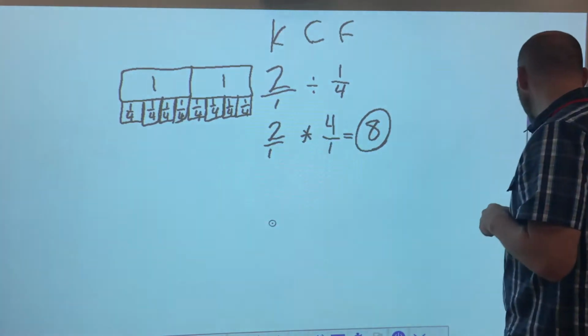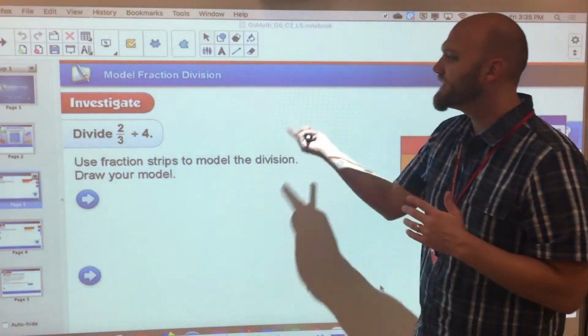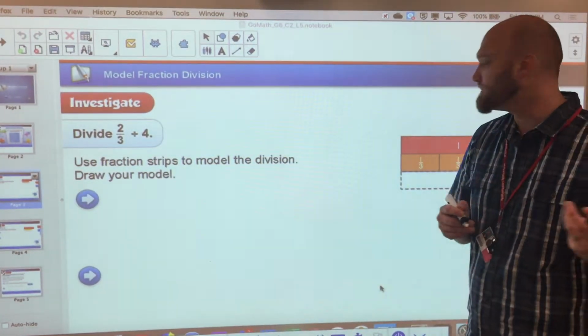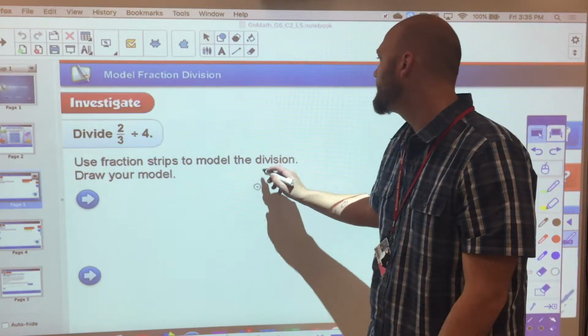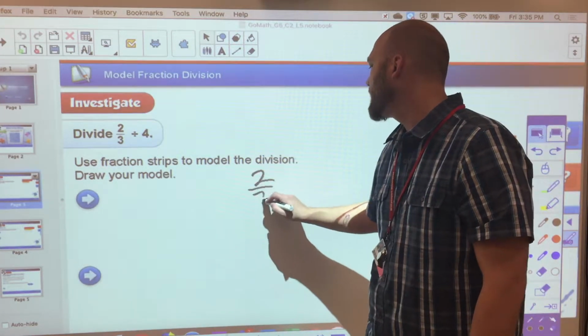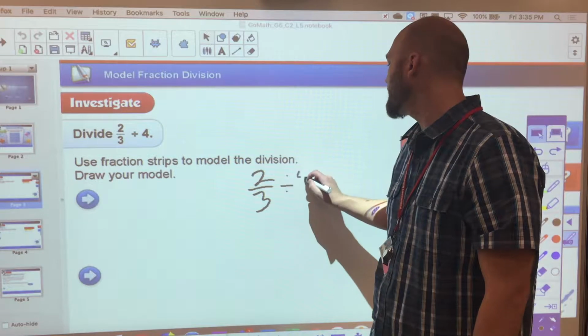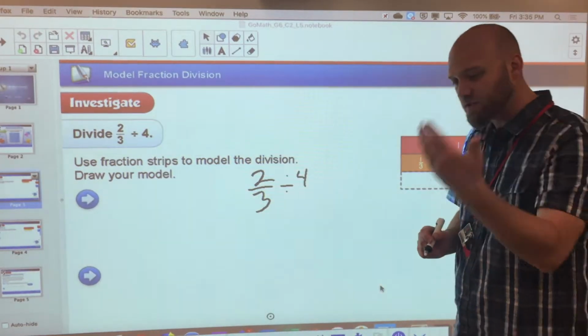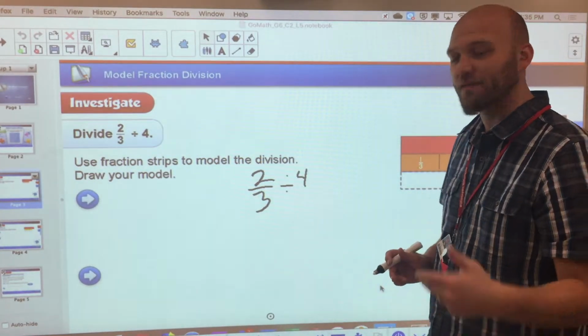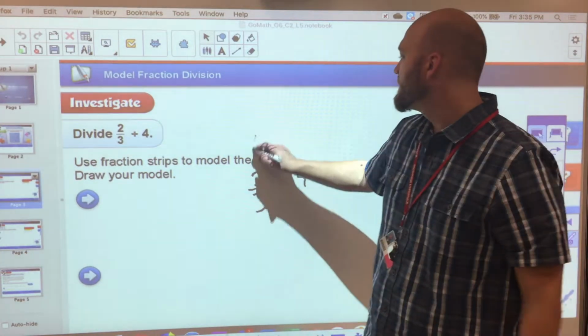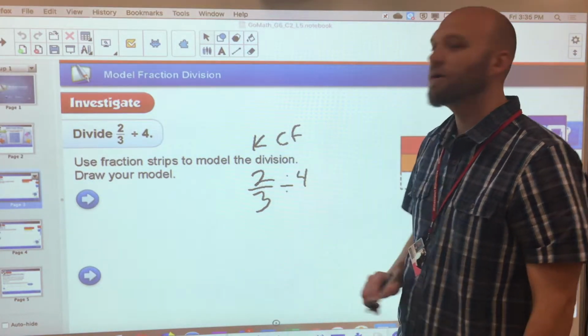If I were to look at one more problem with this, just to take a peek here, let's take 2/3 and we'll divide it by 4. Right, so we're going to take 2 over 3 and divide it by 4. The first one we're going to look at is the keep, change, flip method. So I write K, C, F over here.